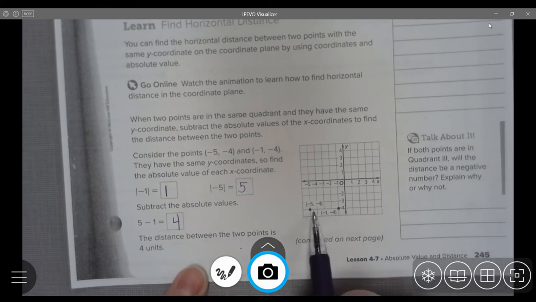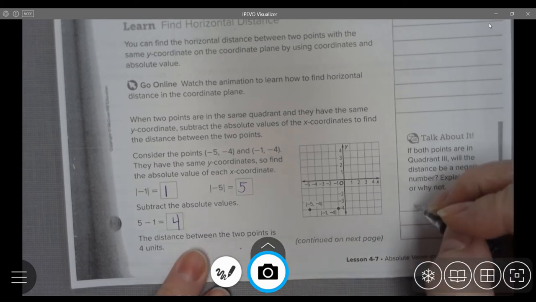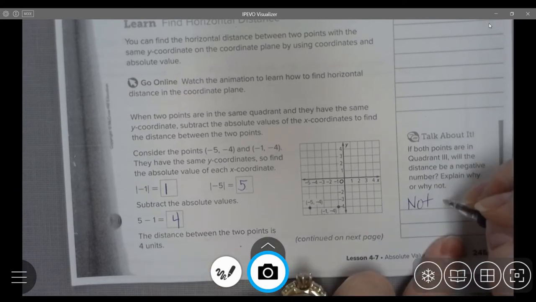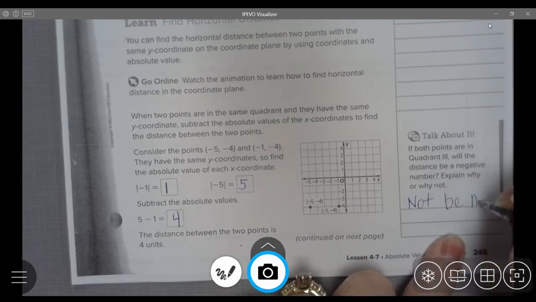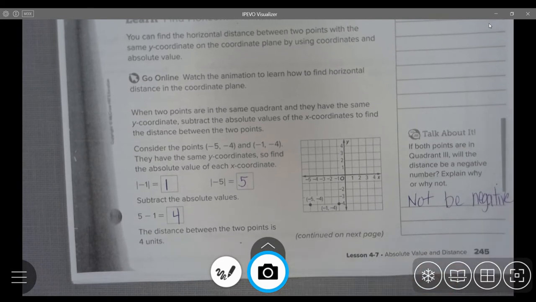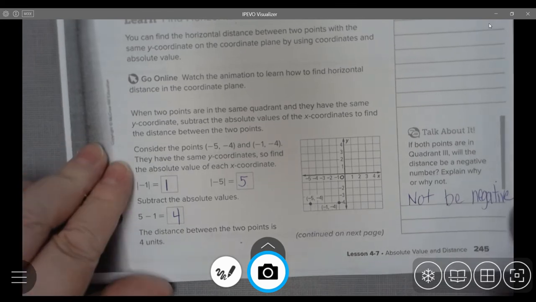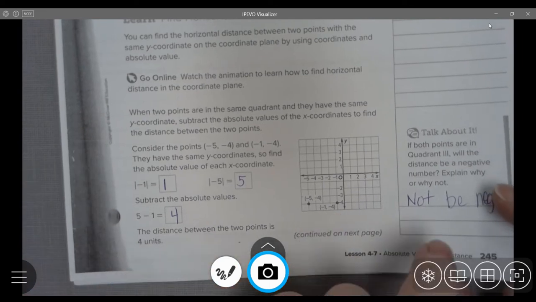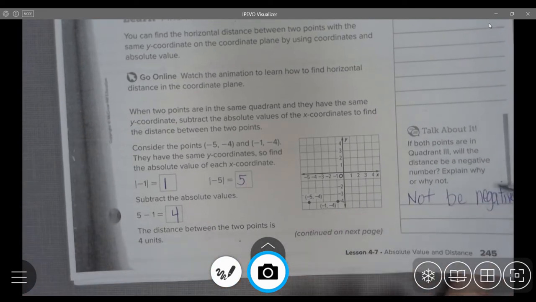Because we're using absolute value, the distance will not be negative. It cannot be, because we are looking at how far away those 2 points are.